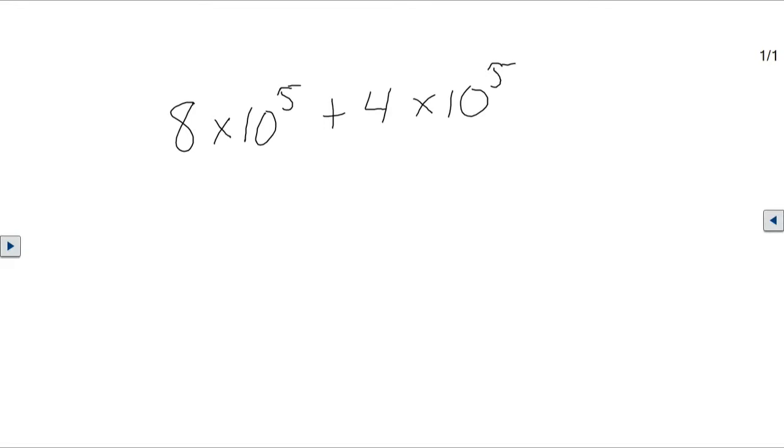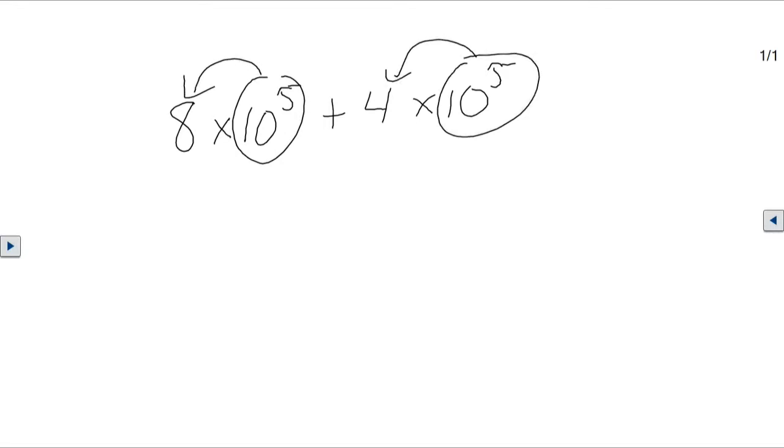And this is just an example of where we can use the distributive property. If you notice, we're taking the 10 to the 5th and we're distributing it to each of those two numbers. Well, if I know it's a distributive property, I can rewrite it as this. I can add those front numbers together before I multiply it times 10 to the 5th power. It's just an example of the distributive property.